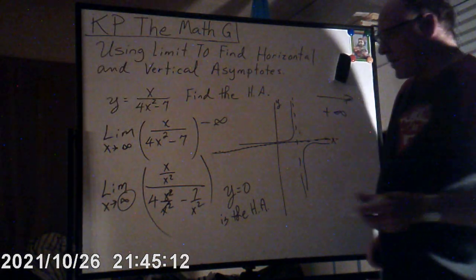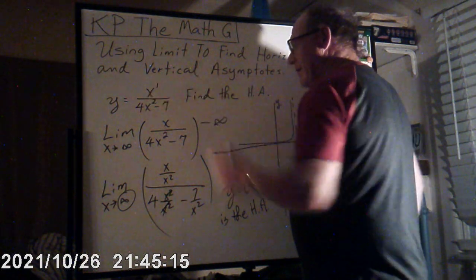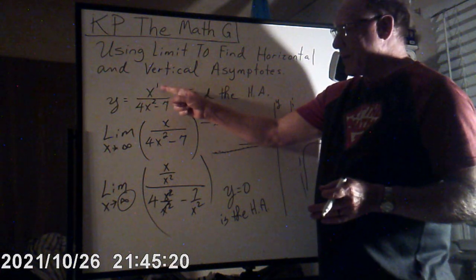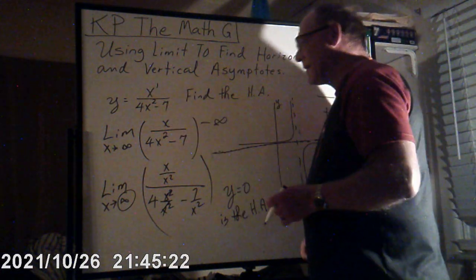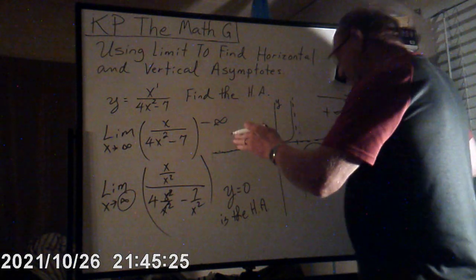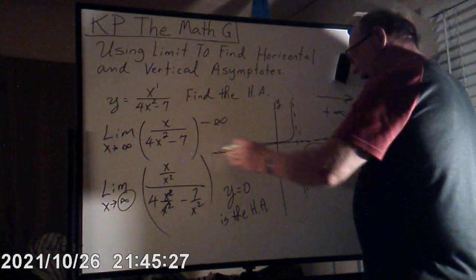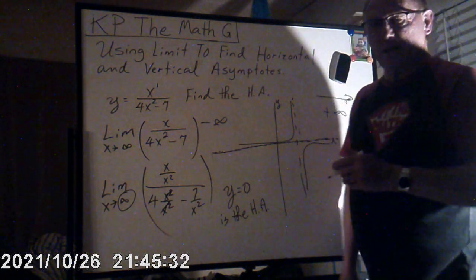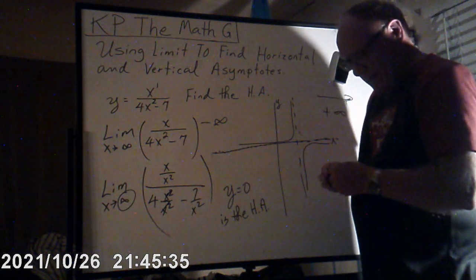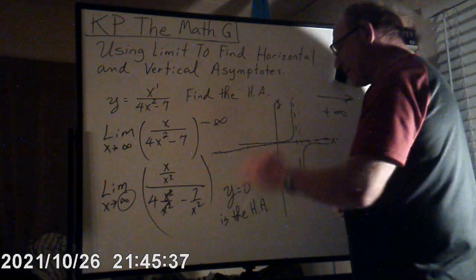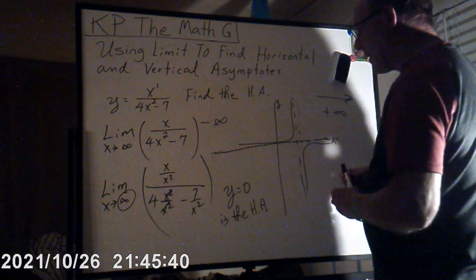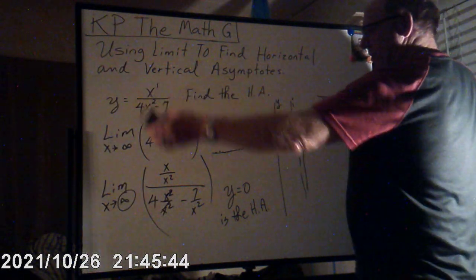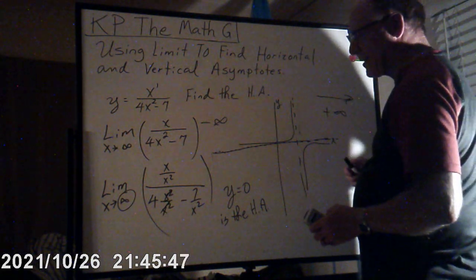One little secret though, like I pointed out earlier, if the degree of the numerator is less than the degree of the denominator, 1 is certainly less than 2, then you're always going to have a horizontal asymptote at y equals 0, which is just the x-axis. You can graph that and see what it looks like. So that's that first example.